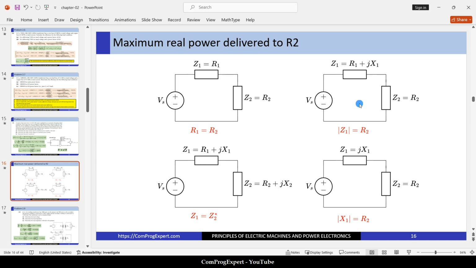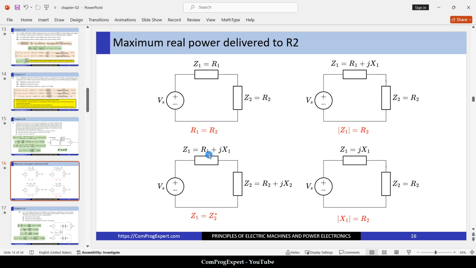In this case, we have R1 plus jX1. We have both resistive and inductive terms in Z1, but only a resistive term for the load. So the maximum power condition is this one: the absolute value or amplitude of Z1 must be equal to R2.